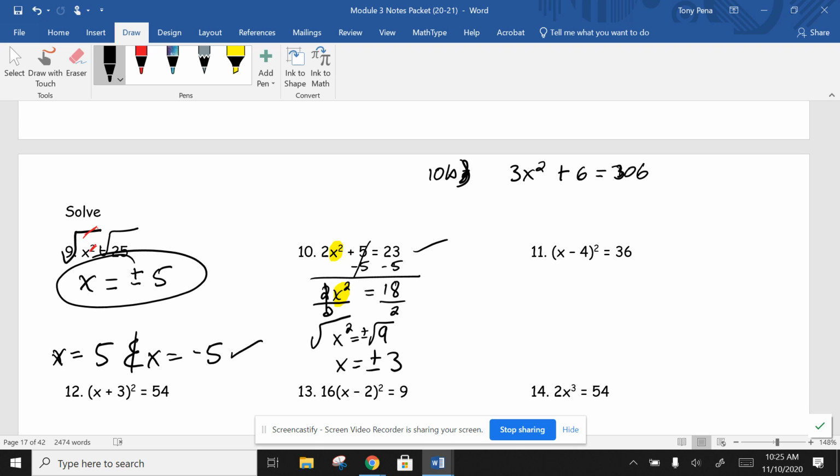And see what we think. Is it my messy handwriting? Yeah.